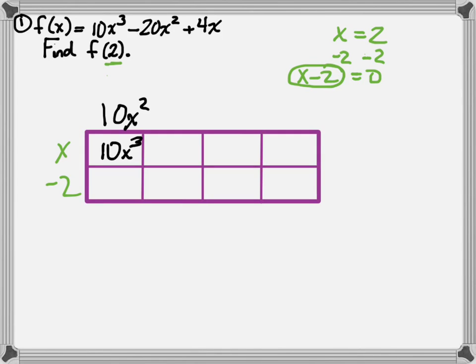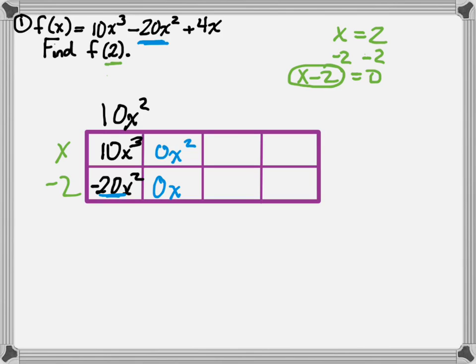And so we're going to multiply it times the negative 2, so that's going to give us negative 20x squared. What do I need to add to negative 20x squared to get a negative 20x squared? 0x squared. And so if I have a 0 in the first row, that means the second row is automatically 0.